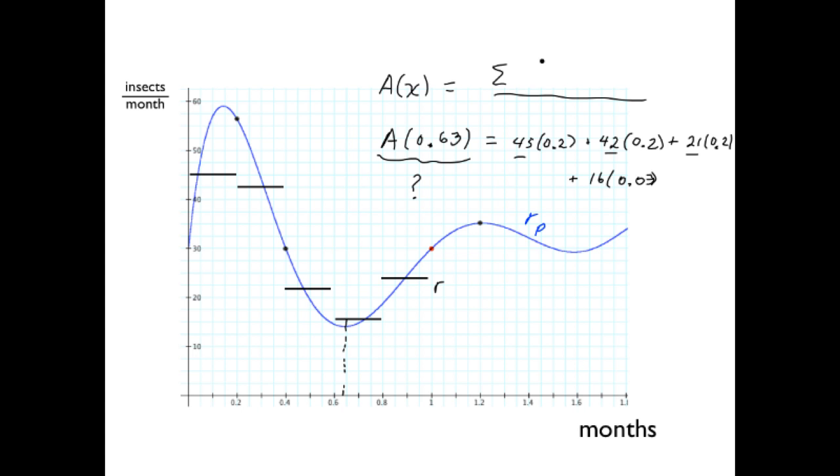It looks like a sum of R for different x's times delta x. In this case, the delta x was 0.2. We call this the accumulation from all the completed intervals. For any given x, you have a bunch of completed intervals, and those all have the interval width of delta x.